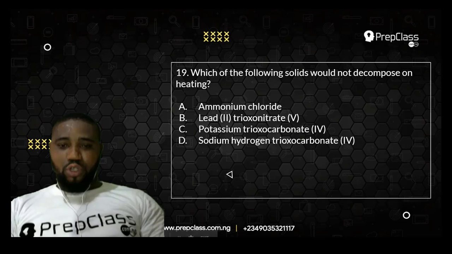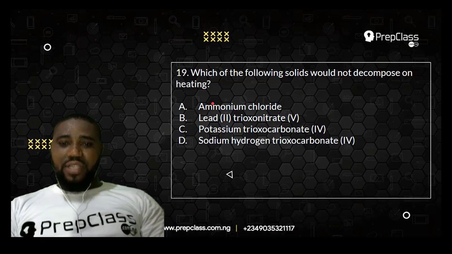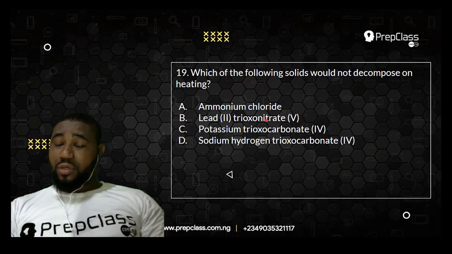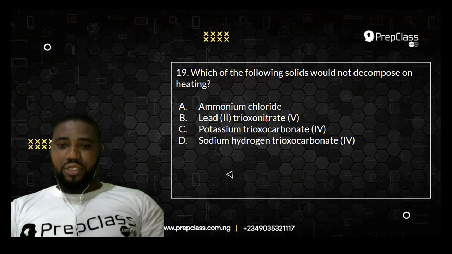So if you look at these options, you should know that potassium trioxocarbonate(IV) will never decompose on heating, but sodium hydrogen trioxocarbonate(IV) will decompose on heating. All these other ones, like ammonium chloride, of course, will decompose to give ammonia and hydrogen chloride, and lead(II) trioxonitrate(V) will decompose to give lead(II) oxide, nitrogen(IV) oxide, and oxygen.